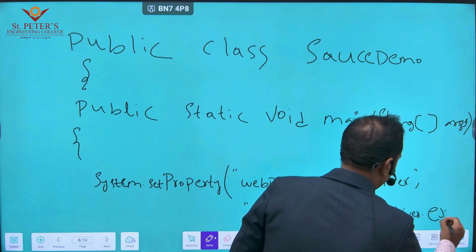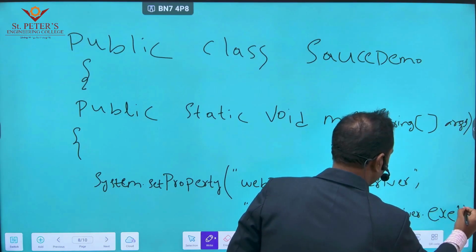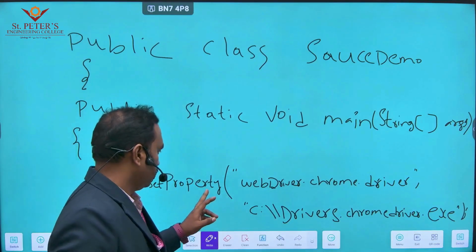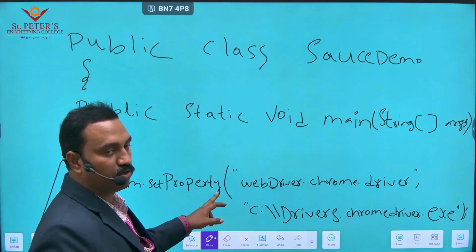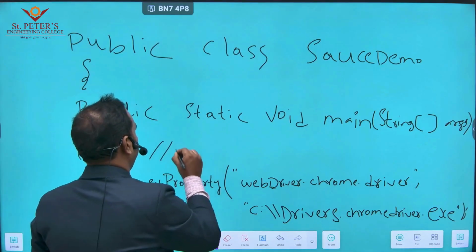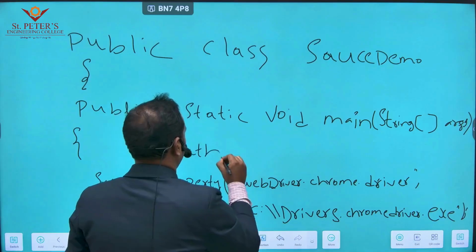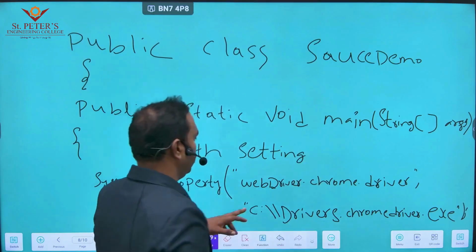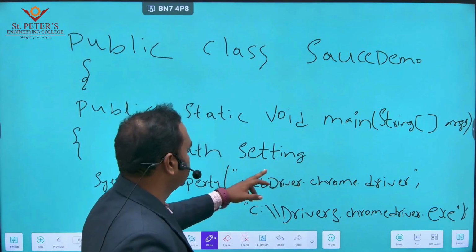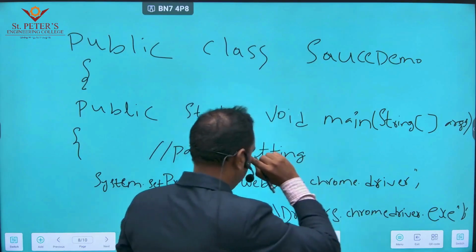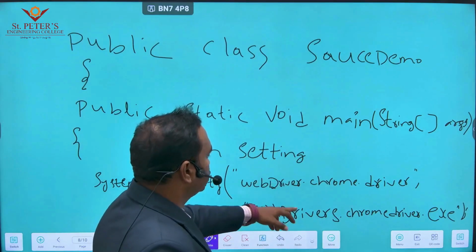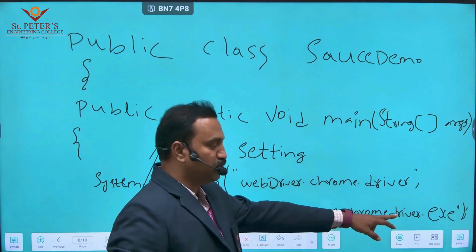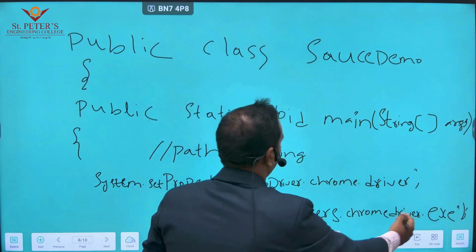This is used for the path setting. It will tell Java where the executable file for Chrome driver is.